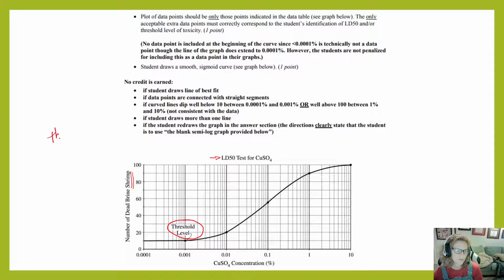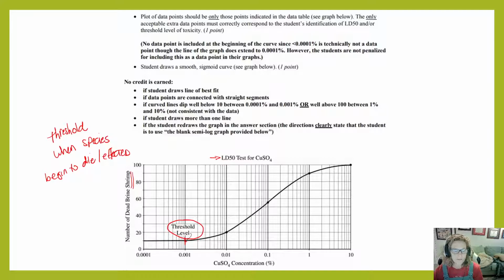So the threshold is when the species begins to die, or become affected. So as soon as that curve stops being flat, whoop, that's your threshold level. So that's good to know.